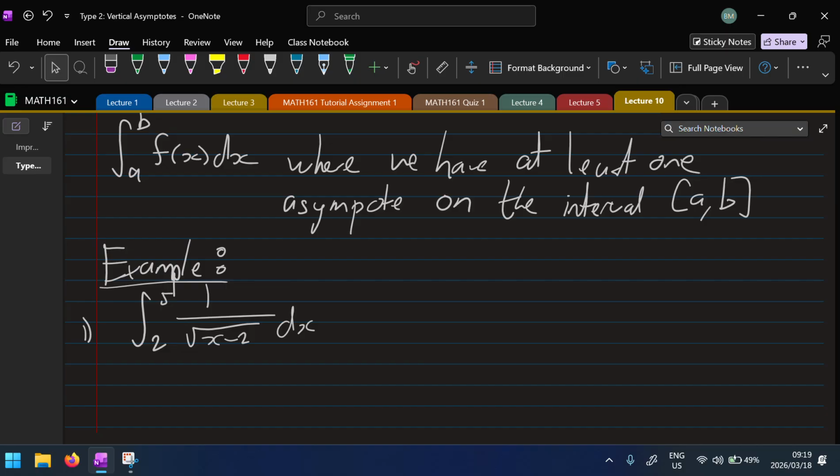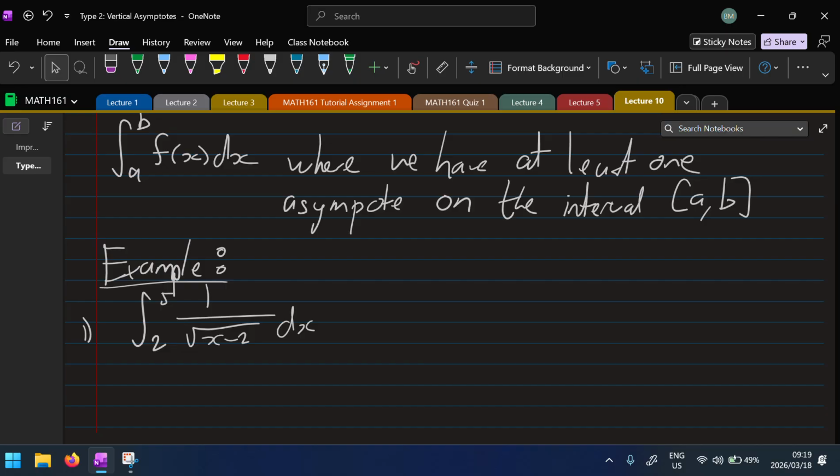It looks very innocent like this. This is actually an improper integral, and we have to do this whole limit setup like we did before. Okay, so again, please be careful. So the reason is, look at the lower bound at 2. What happens to that bottom part when x goes to 2? The bottom becomes 0. We have 1 over 0. That's a problem. We cannot just substitute 2, right?